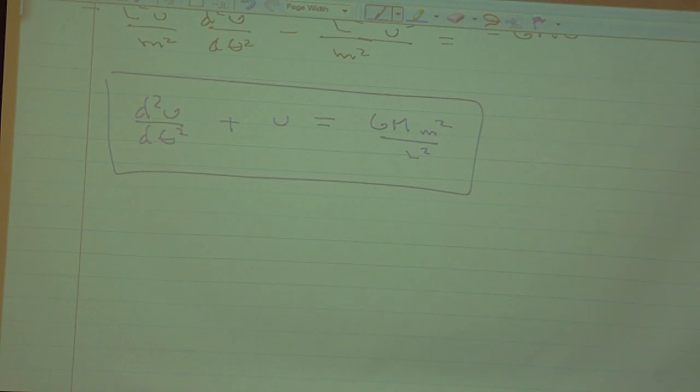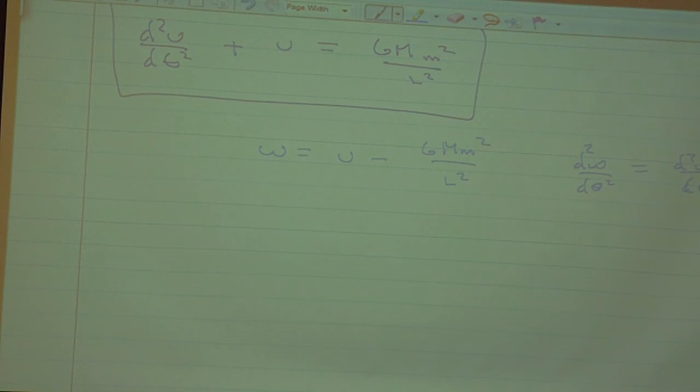Alright, so here's the solution. Actually, you can do even better than this. If you let W be u minus G M squared over L squared, then d²W/dθ² is equal to d²u/dθ².